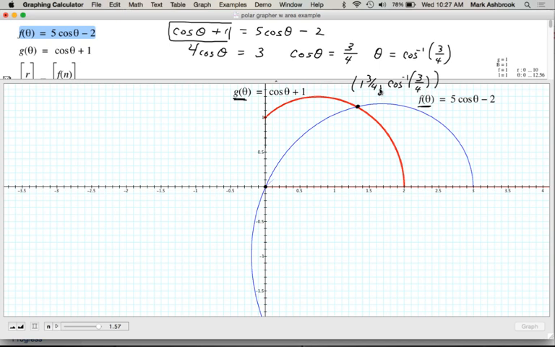That's the polar coordinates of that point. But for the purposes of defining areas, we're really most interested in that angle, as a starting or stopping point for defining some regions. Does it make sense?